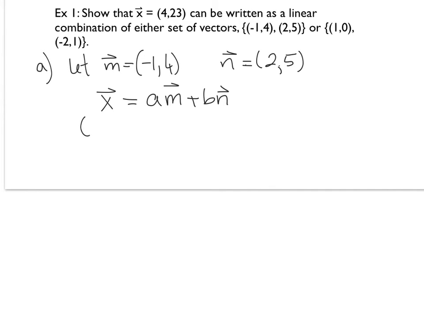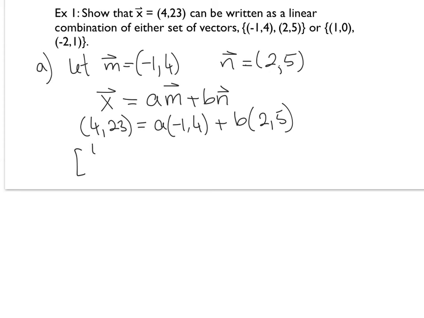And if we just fill this in, we would get (4, 23), which is vector x, is equal to a times this vector here plus b times vector n. Alternatively, if you wanted to write this in matrix notation, you could write (4, 23) is equal to a(-1, 4) plus b(2, 5).